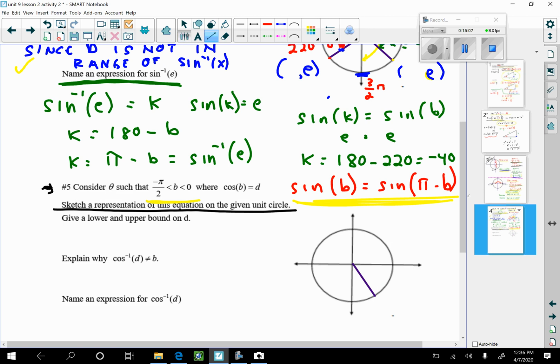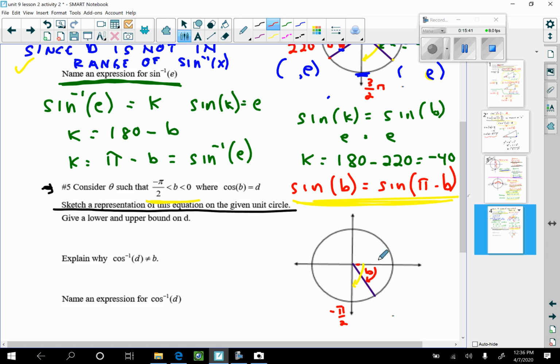And that angle, ladies and gentlemen, I'm going to let that angle right here be B. And I know this angle right here is negative pi over 2, and all the way up here to, well, 0. I just wanted that rascal between negative pi over 2 and 0, and this is the 0 angle right here. Okay? Right here.